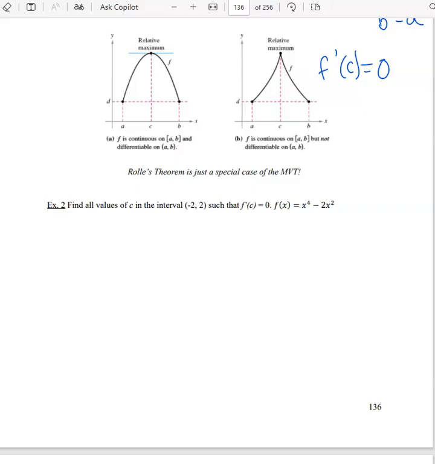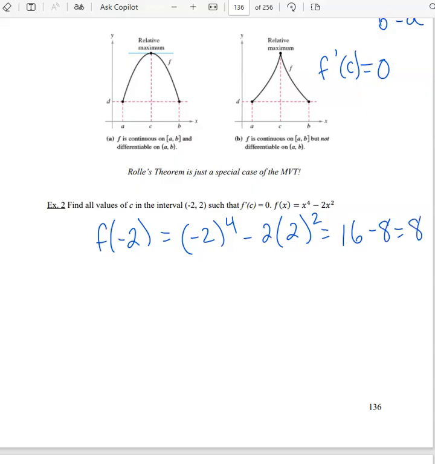So let's go ahead and calculate the values at the endpoints. So f of -2, if you plug in -2 into the original function, -2 to the 4th, I think, would be 16, and then minus 2 squared, of course, is 4. 4 times 2 is 8, so I'm getting a value of 8.